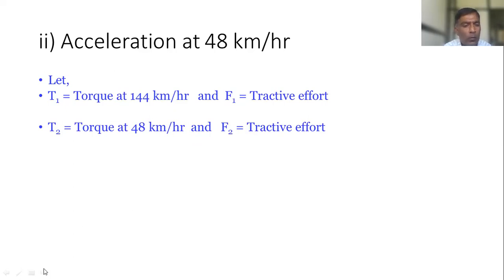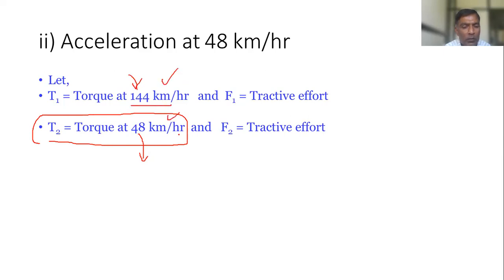Now from this, T2 is torque at 48 kilometers per hour, and T1 torque at 144 kilometers per hour.